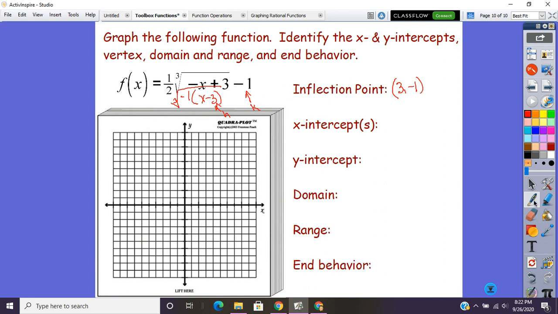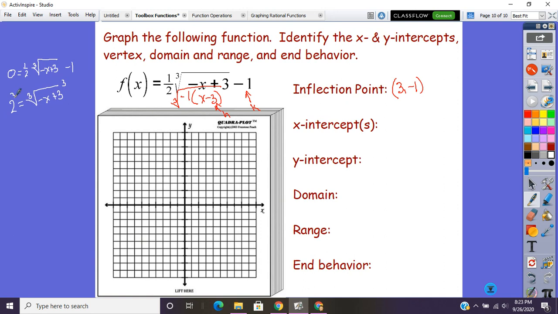All right, let's find the x-intercept. Our x-intercept is found by plugging 0 in for y. So 0 equals 1/2 cube root of (-x plus 3) minus 1. If I were to solve this, I'm going to add 1 and multiply by 2. So I'll have 2 equals the cube root of (-x plus 3).